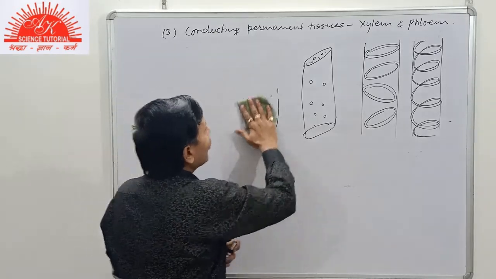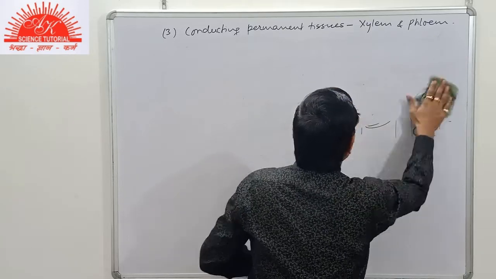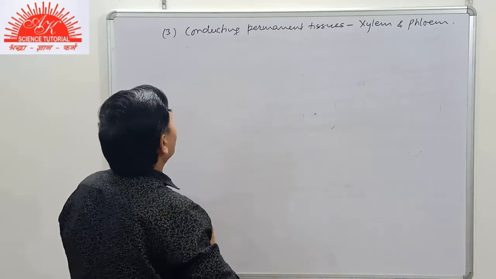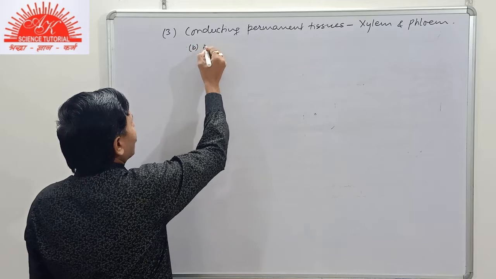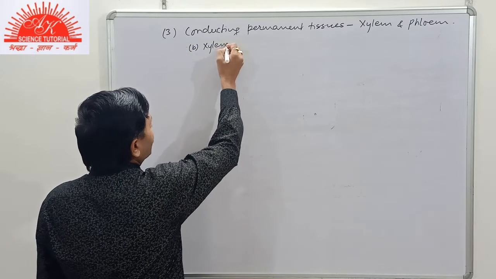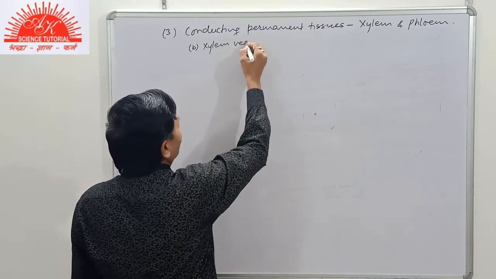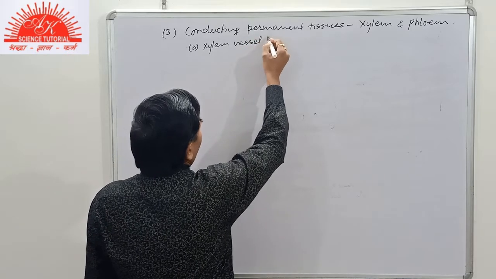Now the next structure is the vessels, that is the xylem vessel, or we can write directly vessel, also called trachea.